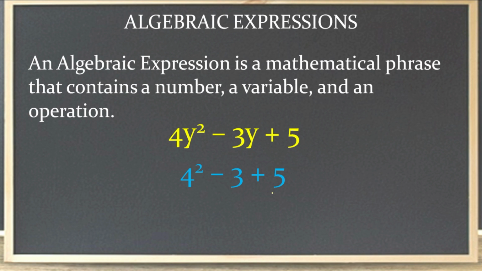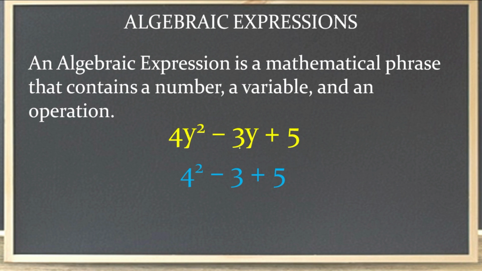So this is a numerical expression. Okay, so you see the difference. We have a numerical expression that contains numbers and operations, or we call them signs, and an algebraic expression containing numbers, variables, and operations. All right.